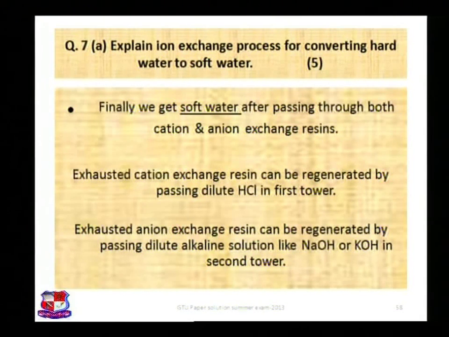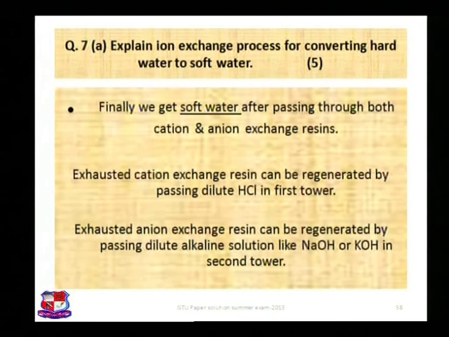We pass dilute HCl through the first tower to regenerate the cation exchanger resin. This one has to be remembered. Exhausted anion exchanger resin can be regenerated by passing a dilute alkaline solution like NaOH or KOH through the second tower. This one has to be remembered.